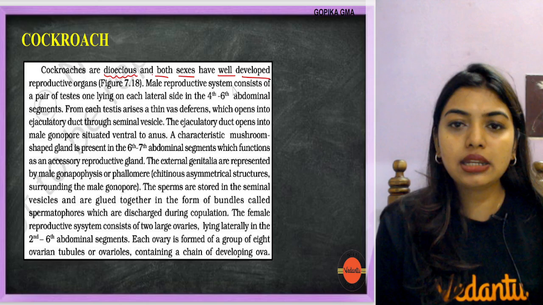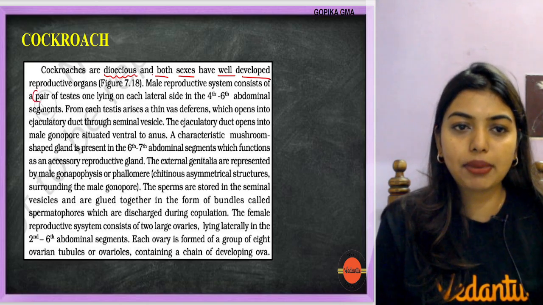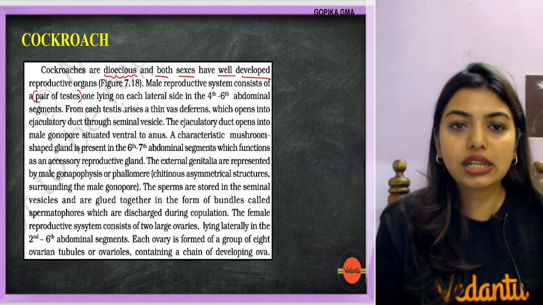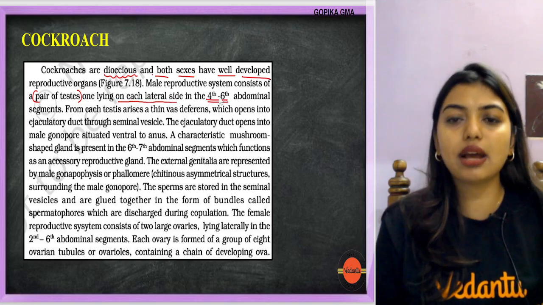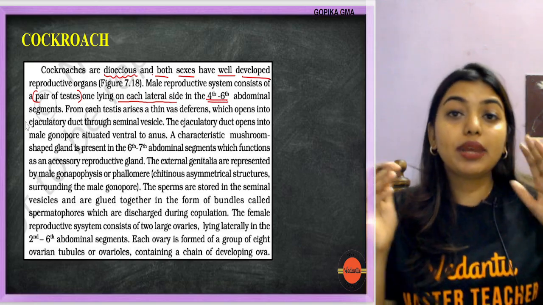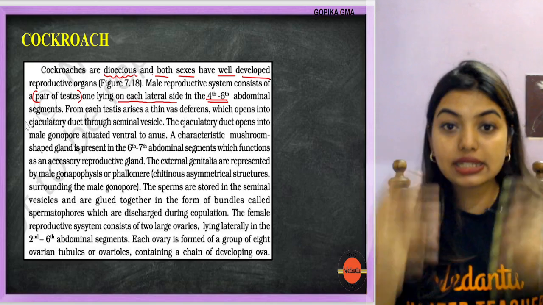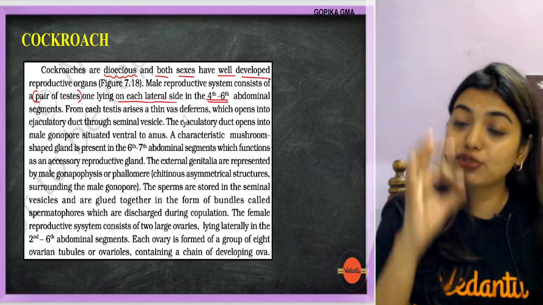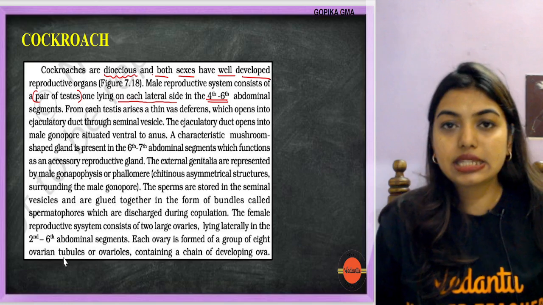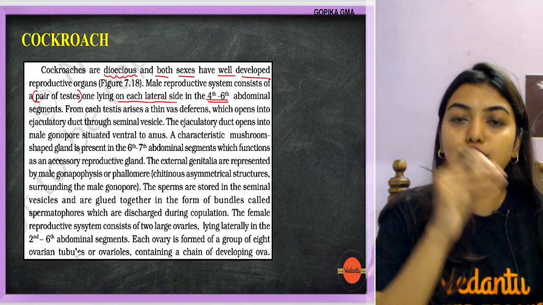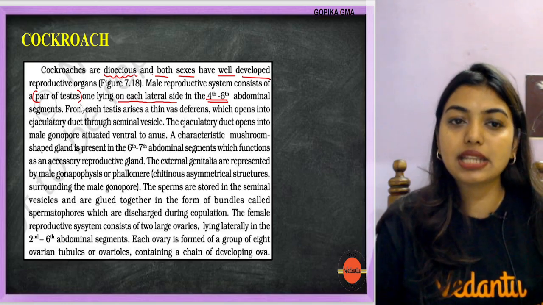The main reproductive system consists of a pair of testes, one lying on each lateral side in the 4th to the 6th abdominal segments. So where are they lying? In the 4th to the 6th abdominal segments. And students, if you have NCERT with you right now, take a small sticky note and write there that the testis is going to be present in the 4th to 6th abdominal segments.